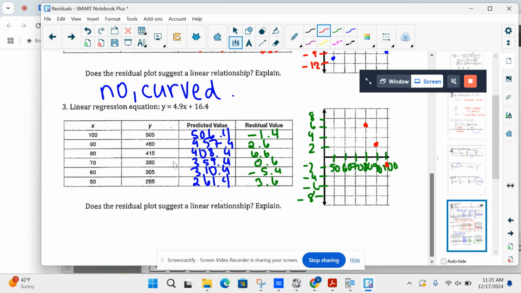The residual at 70 is 0.6. The residual at 60 is negative 5.4. And the residual at 50 is 3.6, positive. So is there a pattern here? No, there is not a pattern. So this one would be yes, because there's no pattern.